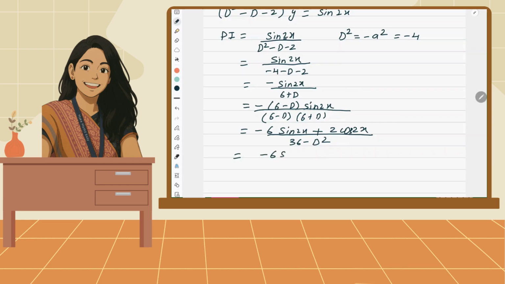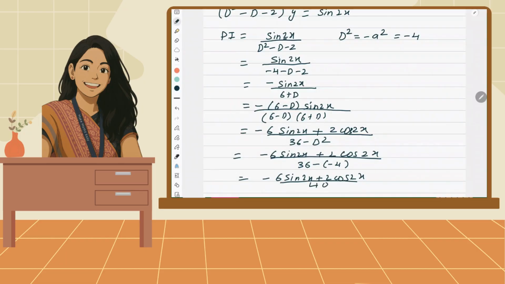So minus 6 sine 2x plus 2 cos 2x upon 36 minus of minus 4. Right? So what will I get? I will get here minus 6 sine 2x plus 2 cos 2x upon 40.